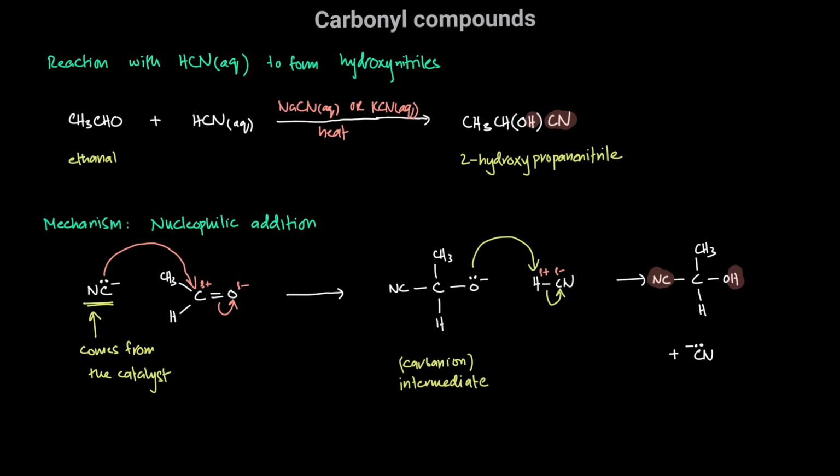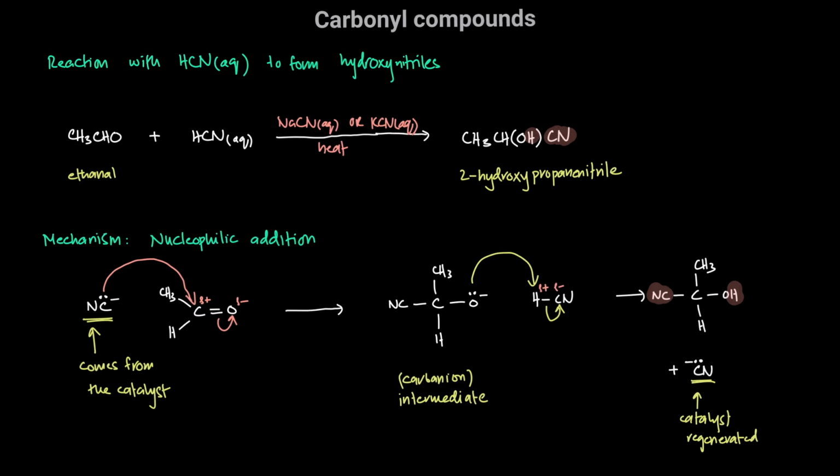So we can say that the catalyst has been regenerated. We have to show this catalyst being regenerated because, of course, a catalyst will not be used up at the end of the reaction. Over here again, NaCN or KCN aqueous are catalysts.